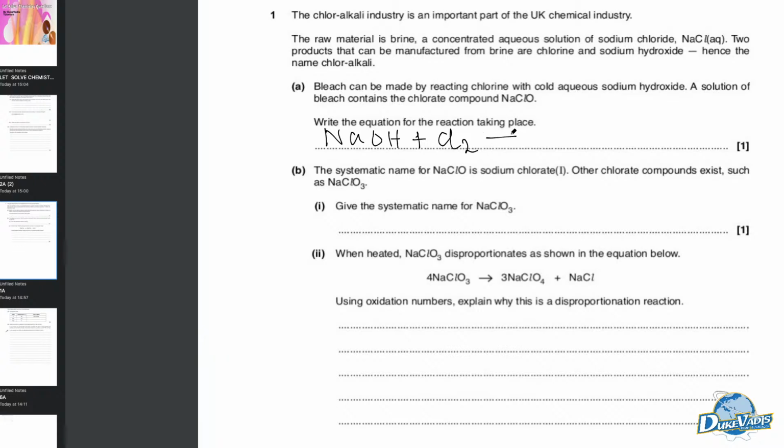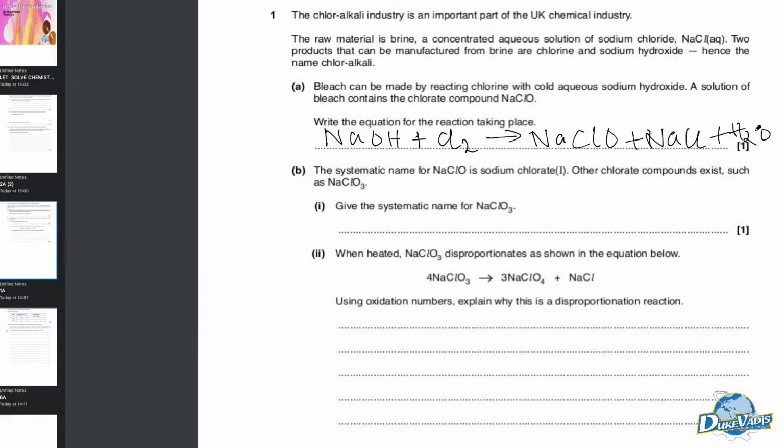That will give us sodium chlorate, NaClO, plus sodium chloride, NaCl, plus water all the time.